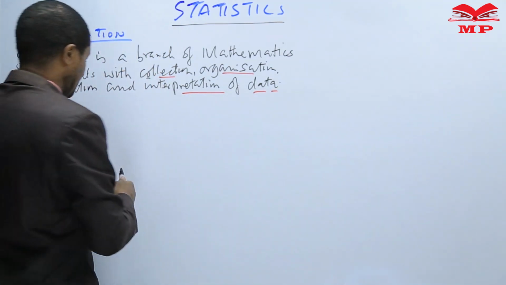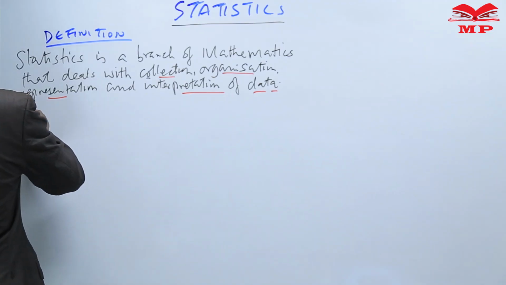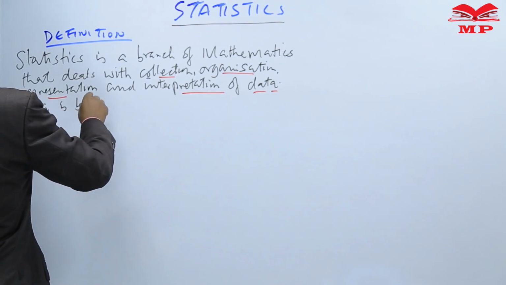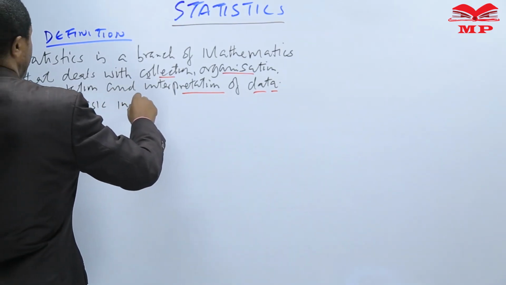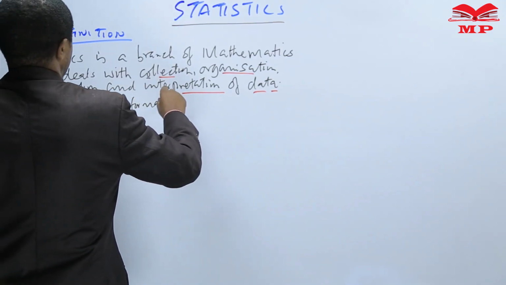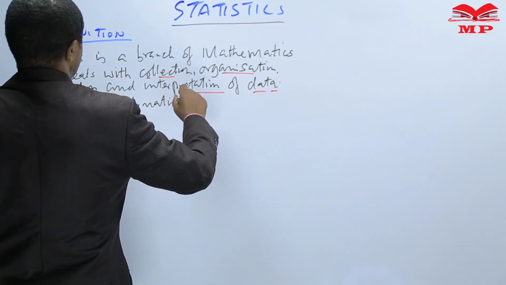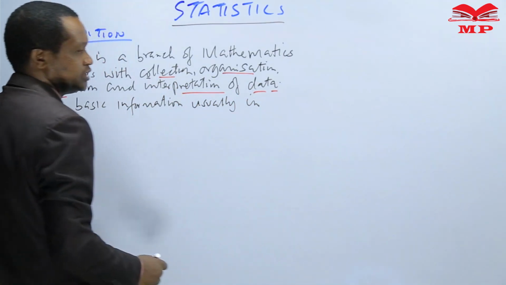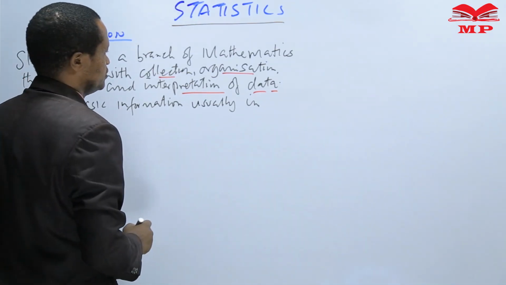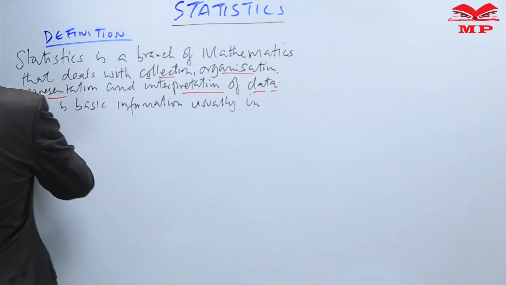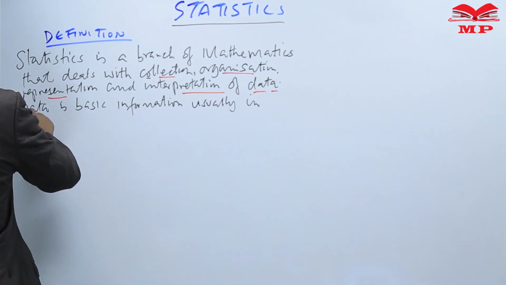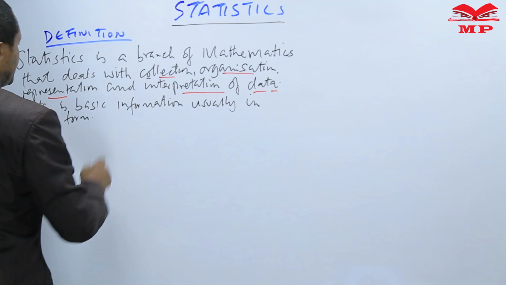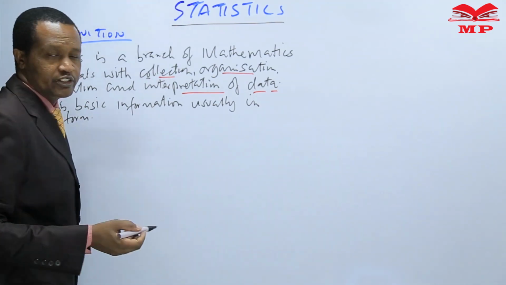Now, what is data? Data is basic information, usually in numerical form. It is raw information.